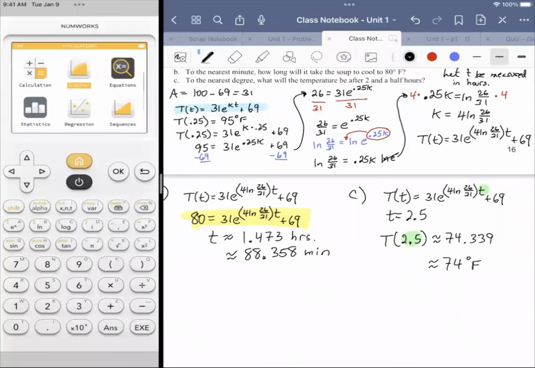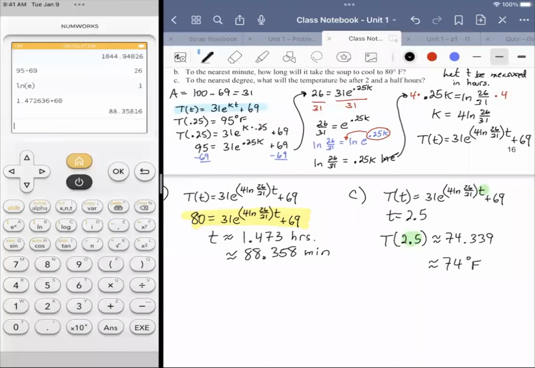And again, if I wanted to do this in the home screen, I would just type in 31 e to the 4 ln 26 over 31, close it up, then multiplied by 2.5, then plus 69.